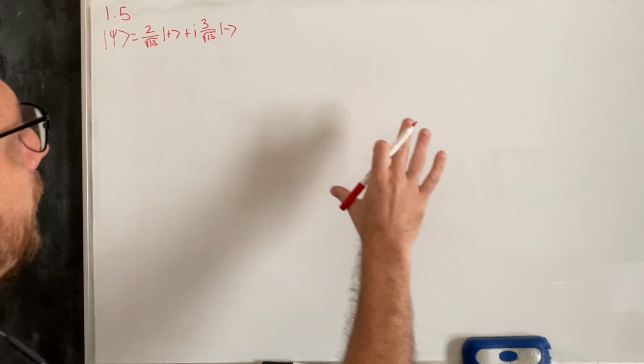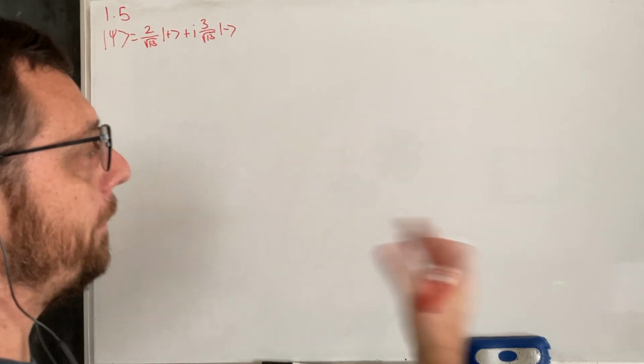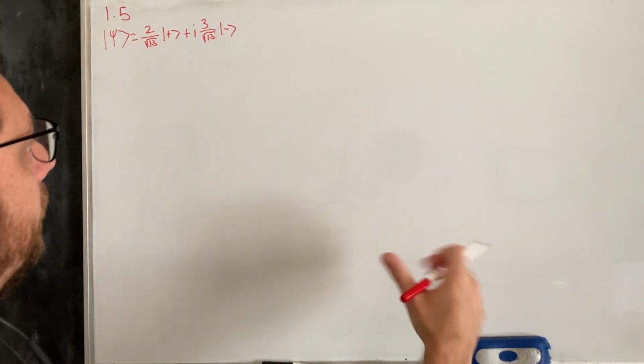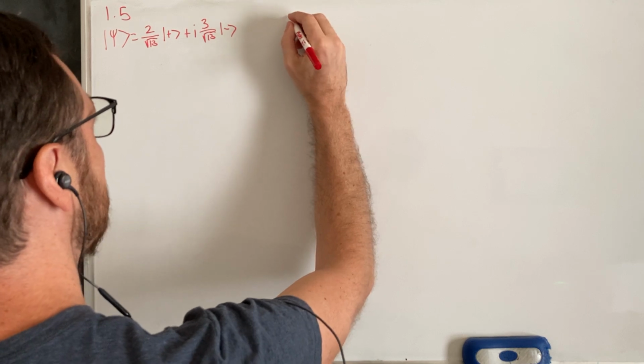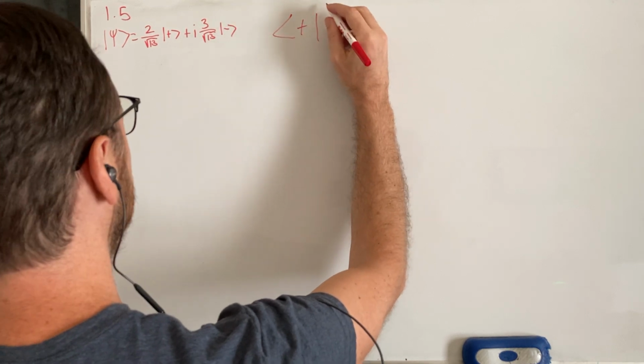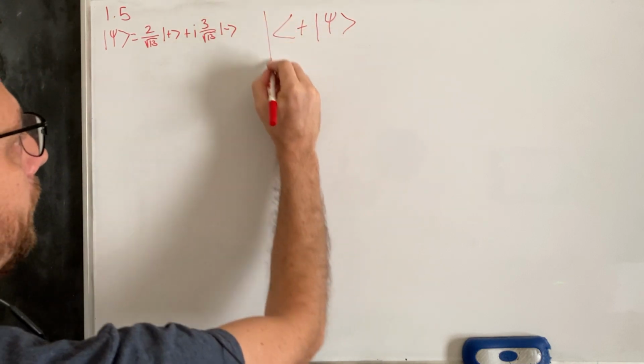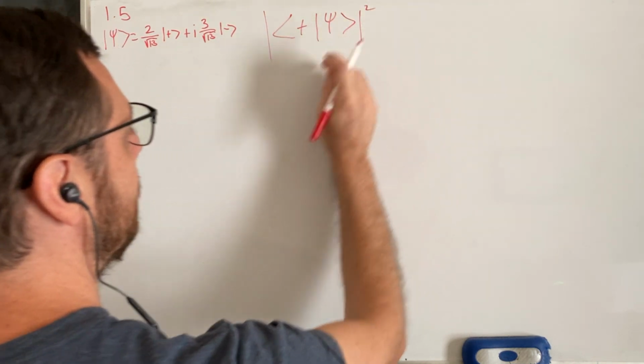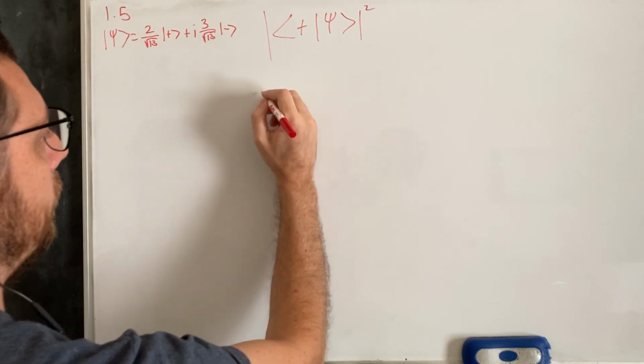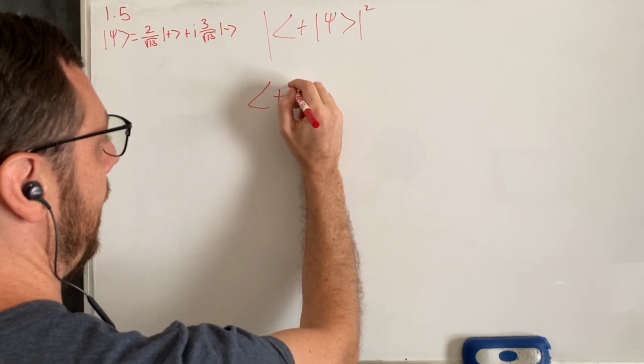So again, we want to find out the probabilities for up and down in the z and x direction. So we'll start with z. We'll say up in z, and we want to find the probability of it. So first we have our bra for up, so we just write that out as is.